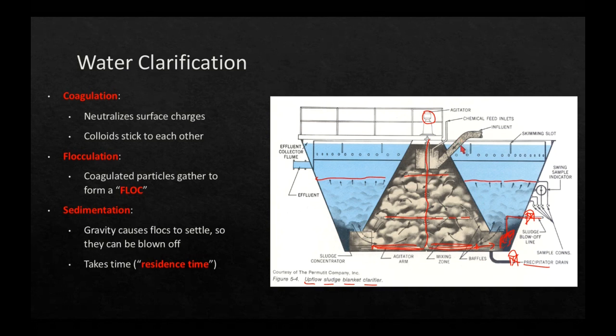And I'm going to spend a little bit more time on the clarifier, because once we get into the precipitation softener, whether it's hot lime or cold lime or warm lime softener, it's basically the same principles, okay? So the raw water comes in, and the raw water has colloidal material and perhaps some other suspended matter.